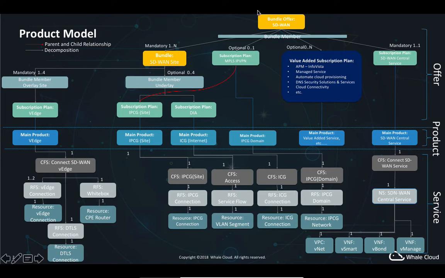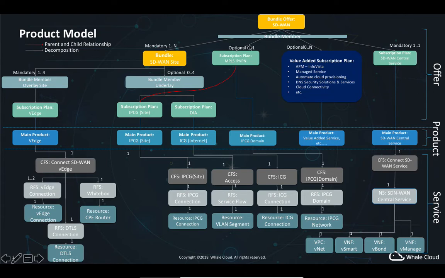So the companies can purchase a big bundle which includes multiple branches. You can have essential services, which is mandatory, and there can only be one essential service for SD1.